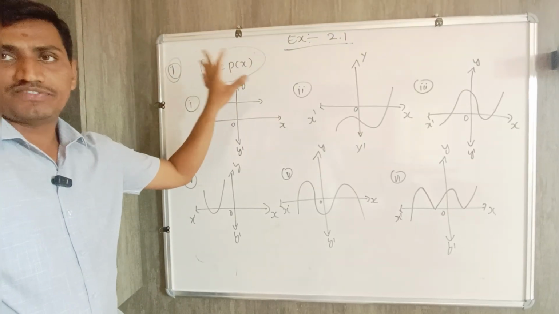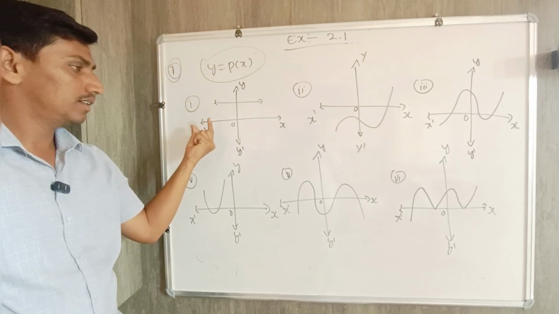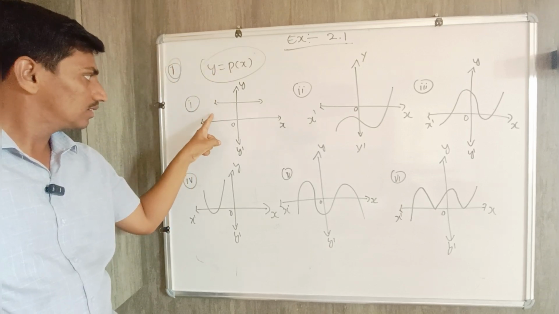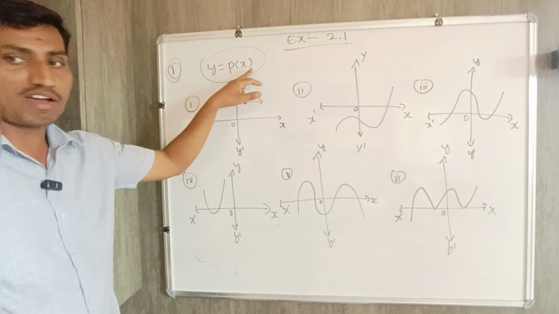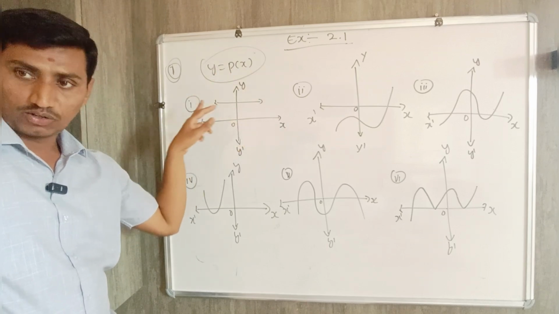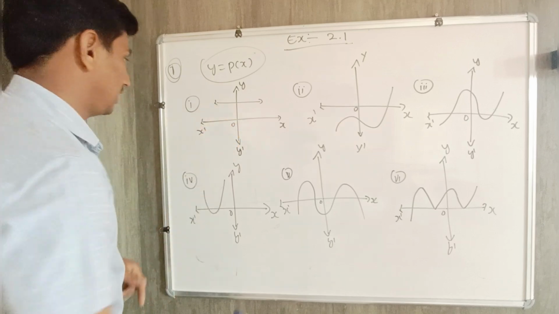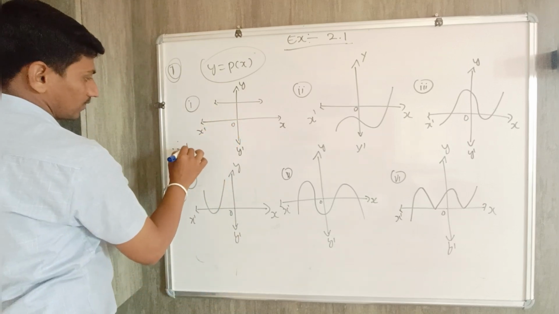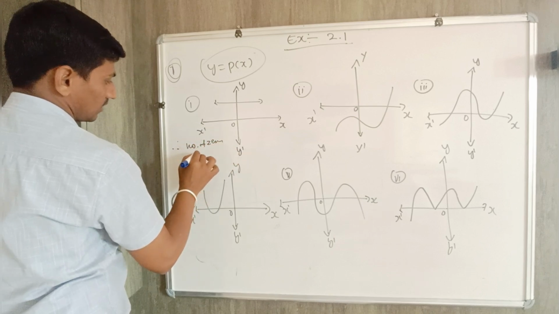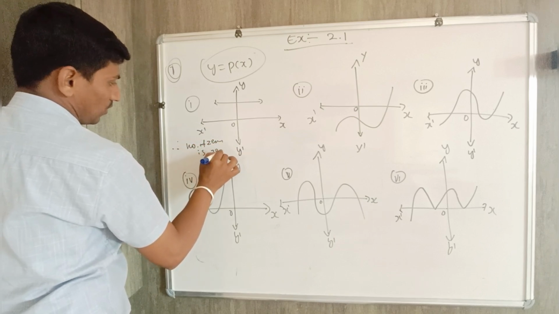So, exercise first bit. First question: how many zeros on the x-axis? y equal to p of x means the x-axis. Here it is not intersecting the x-axis, so the number of zeros is 0.